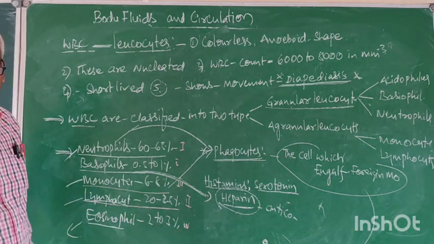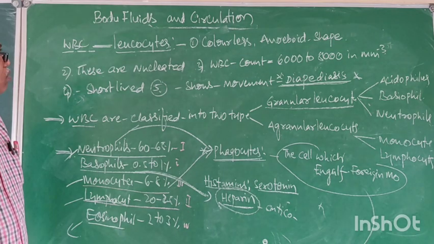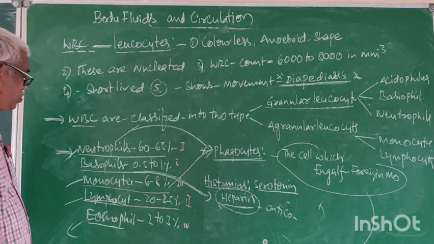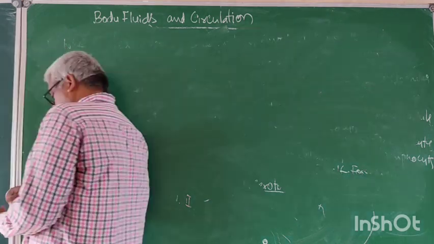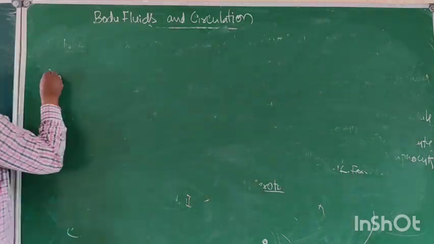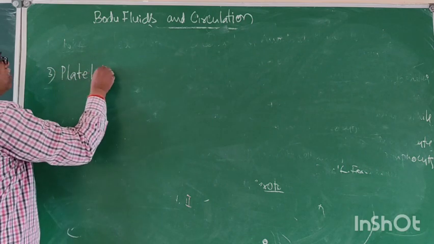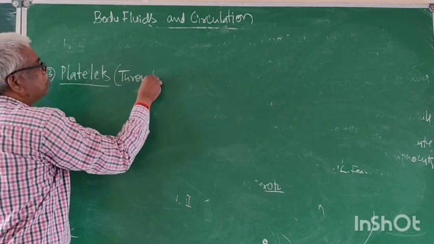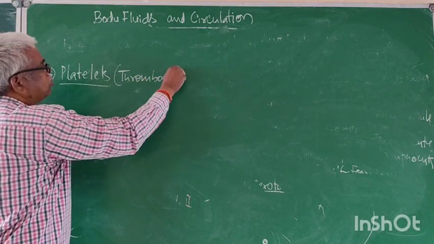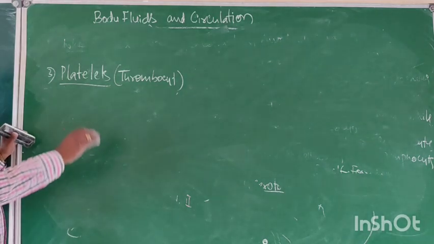Now, this is about the characters of platelets. Now, the third one, platelets, which are also called thrombocytes. Okay. This is not a cell.